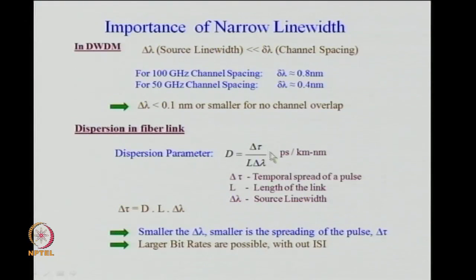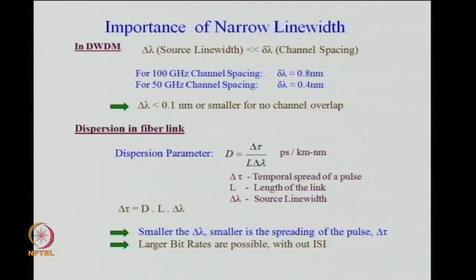So, the same point which I have been discussing is here, delta lambda source line width should be much less than the channel spacing. For 100 gigahertz, channel spacing is 0.8 nanometer. If you take 50 gigahertz, it is 0.4 nanometer, implies delta lambda should be less than 0.1 or smaller for no channel overlap. I have already discussed, everything is on the board.